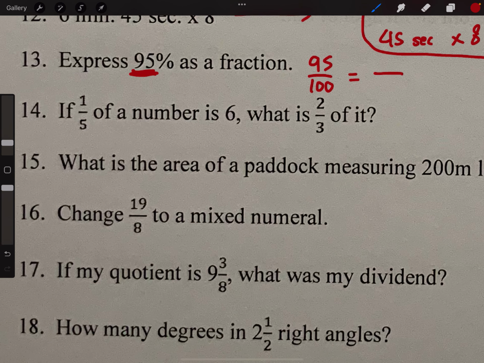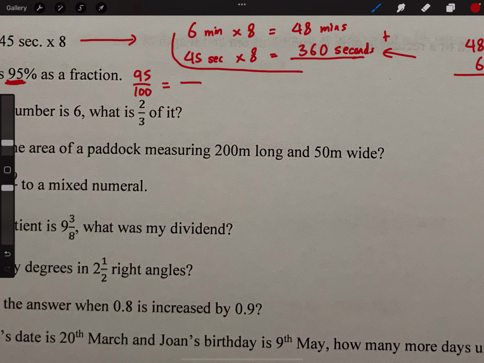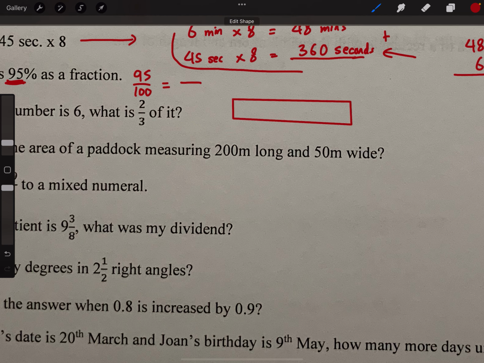Question 14. If 1/5 of a number is 6, what is 2/3 of it? So you need to find the number first. Imagine this is your number.